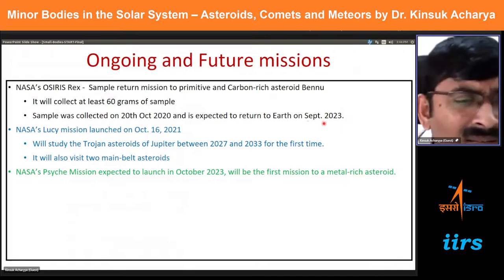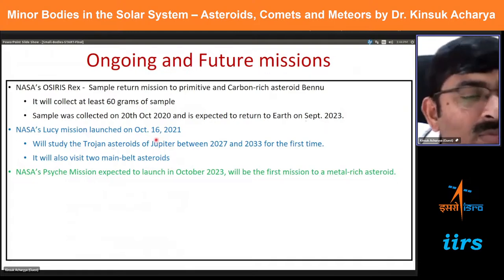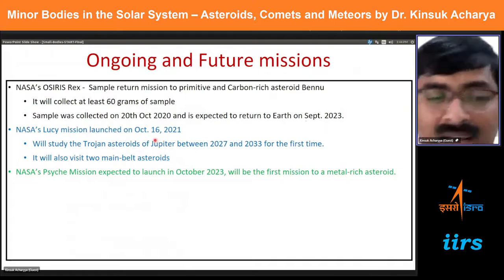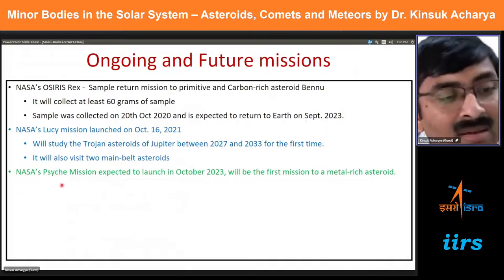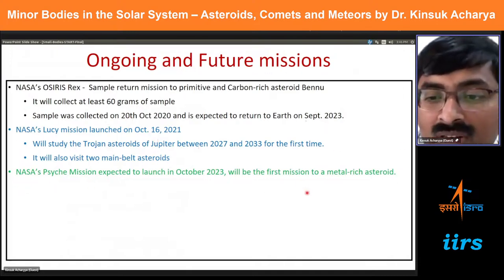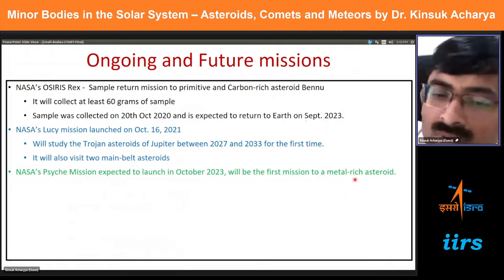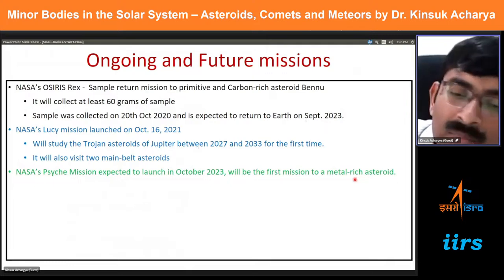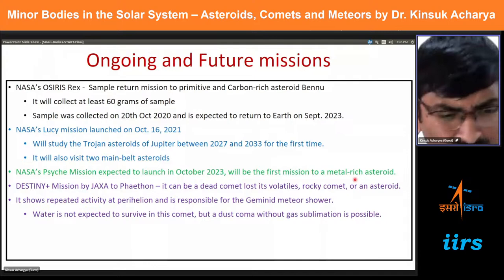Then NASA's Lucy mission is the first mission to study a Trojan asteroid of Jupiter. So far we have not studied any Trojan asteroids. And then there is NASA's Psyche mission, which will study a metal-rich asteroid. This is the first study of a metal-rich asteroid.